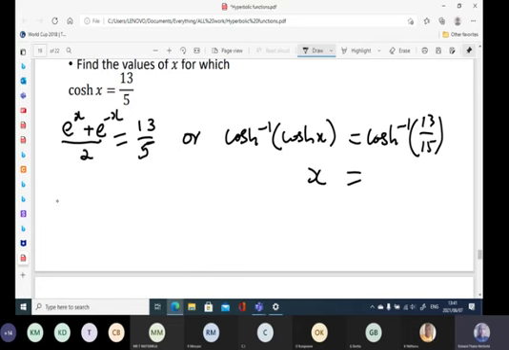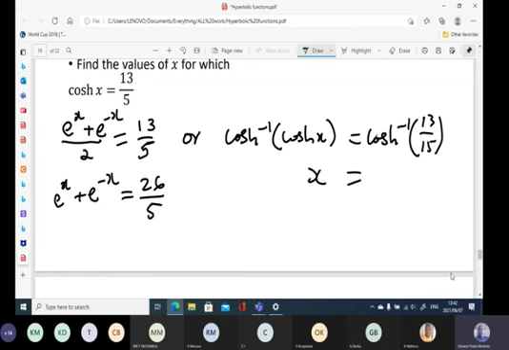We have e to the power x plus e to the power minus x equals 26 over 5. Is that the case? Okay.